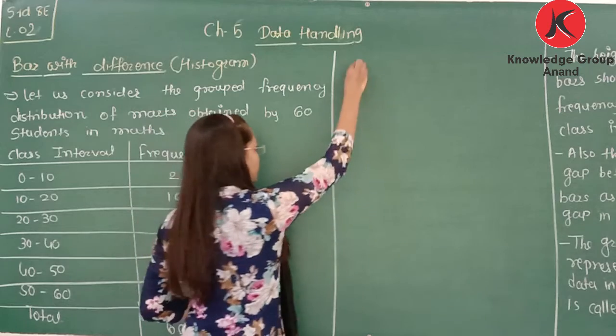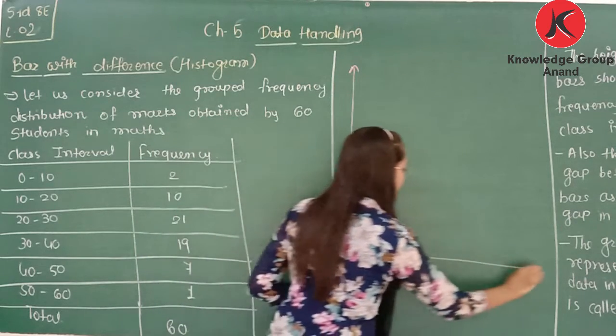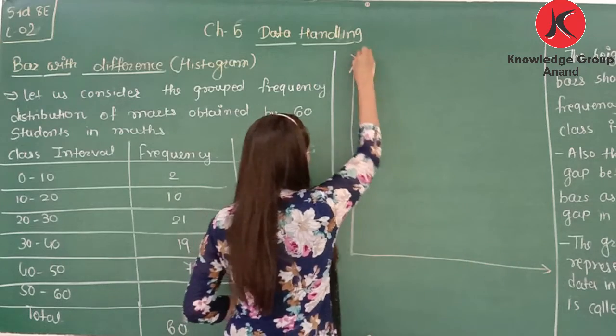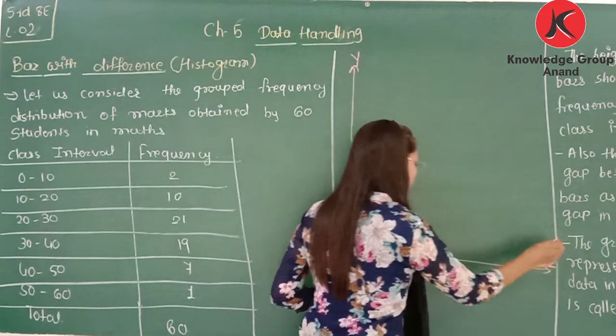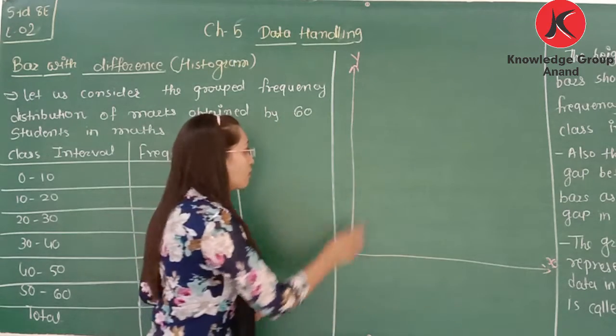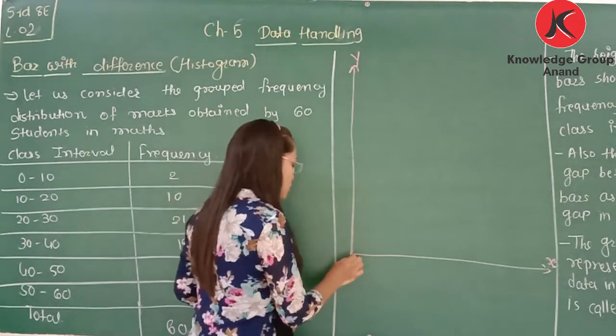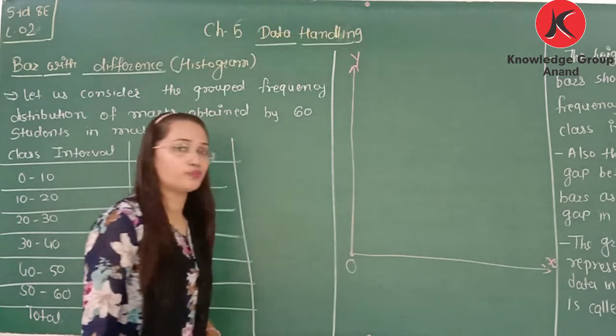So let's start. Here again we need to use a vertical line and a horizontal line. The vertical line represents y and the horizontal line represents x. The intersection point is the origin.